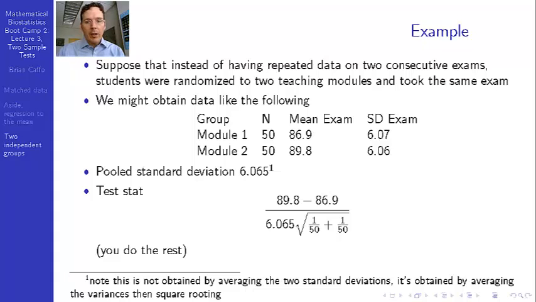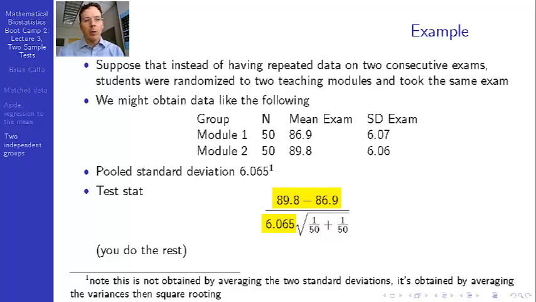And then our test statistic is the difference in the means, 89.8 minus 86.9, divided by the pooled standard deviation estimate, which, go back to boot camp 1 and look at how we do the pooled variance estimate. But when the sample sizes are equal, it works out to be the average of the variances. So in this case, you would square 6.07 and average it with the square of 6.06, then take the square root.